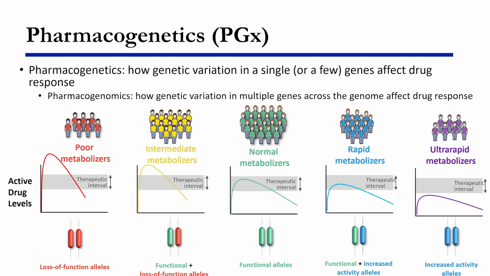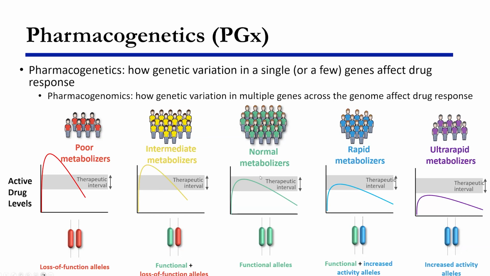And so your drug levels are going to be much higher than the average patient, and in many cases above the therapeutic interval, so much higher than your physician really wanted them to be. And then there are the intermediate metabolizers, where maybe you have one functional allele but one non-functional allele. So you're probably still going to have a higher active drug level in the body, but it's not going to be as high as in poor metabolizers.